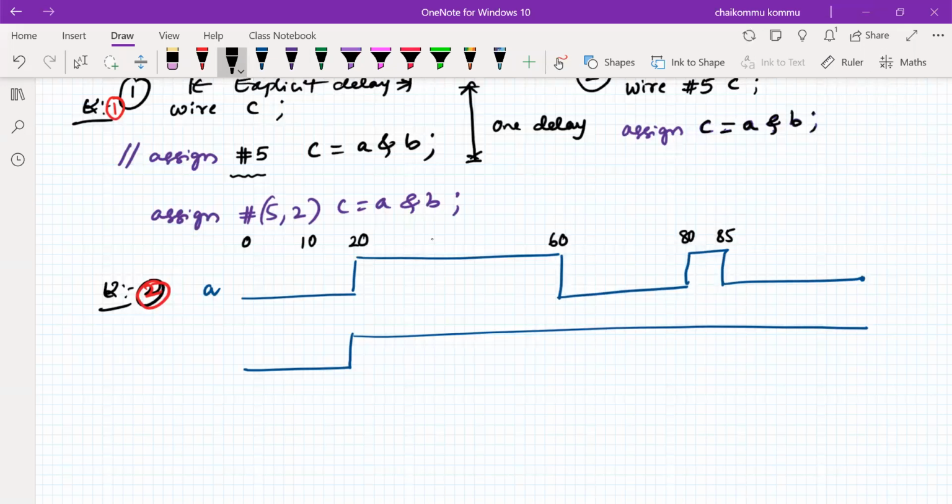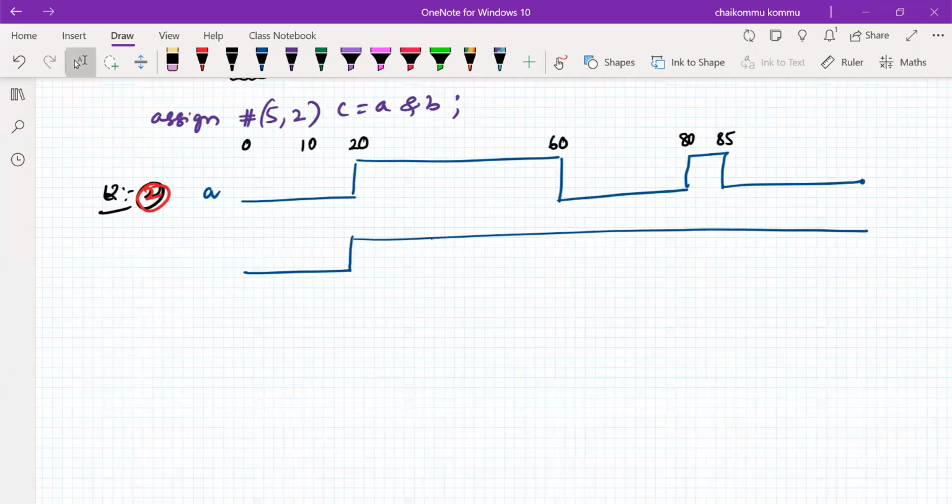So for example, if I'm writing a 10 value, let us give the 10. Wire A, B, and then wire #10 C, for example.